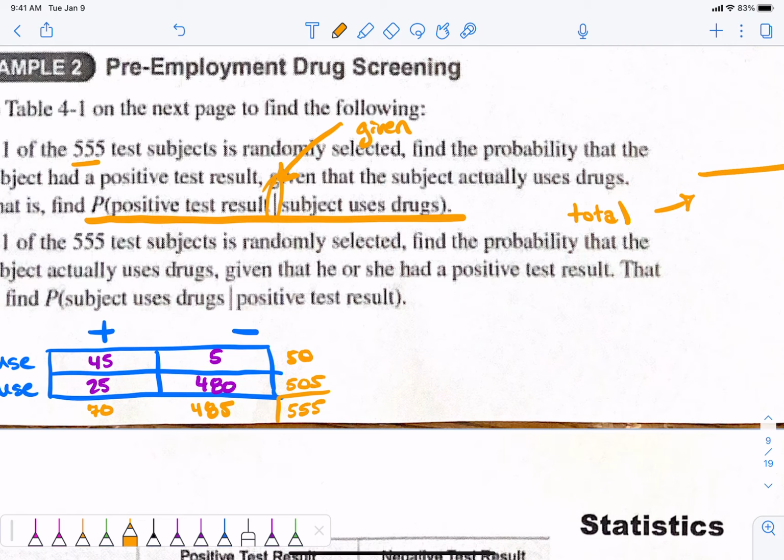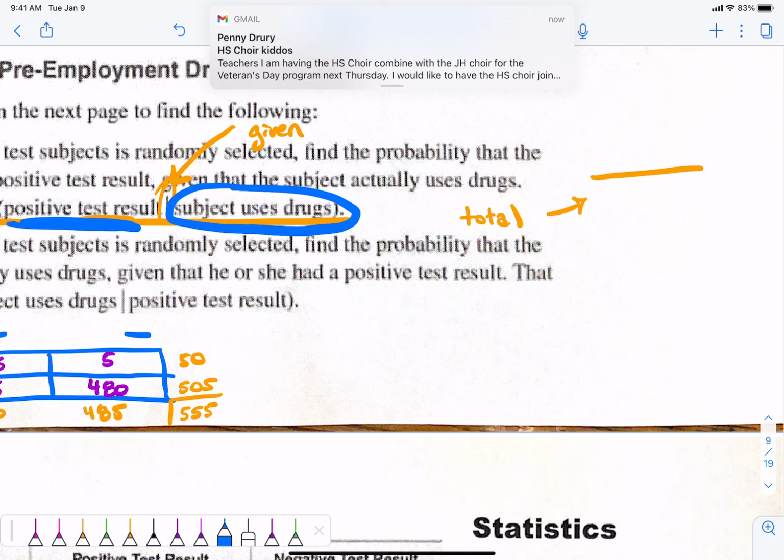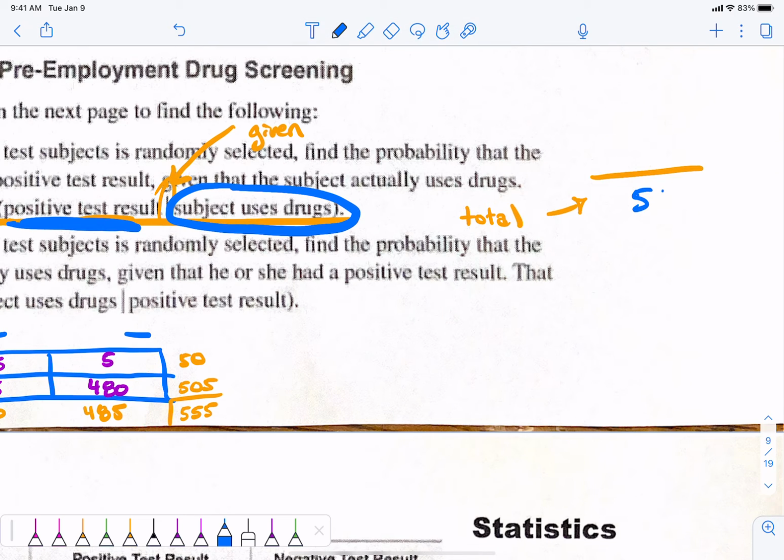So here's the deal. The probability of a positive test result given the subject uses drugs. We kind of work backwards and start with the given. So 555 is not my bottom number anymore. I'm only talking about the subject using drugs. How many drug users do I have? 50. That's my total bottom number now.